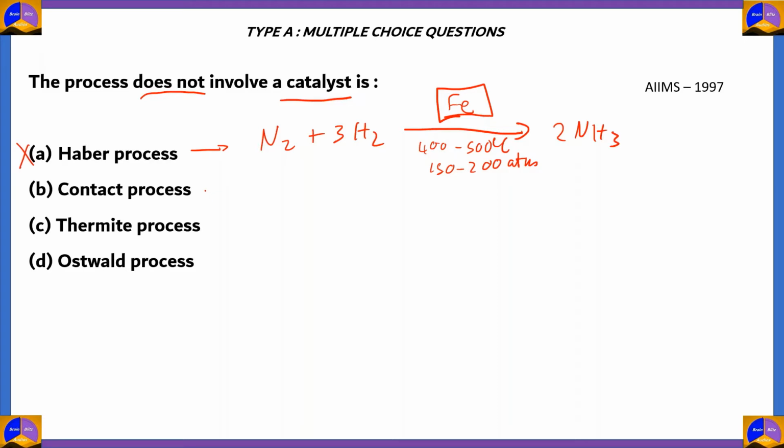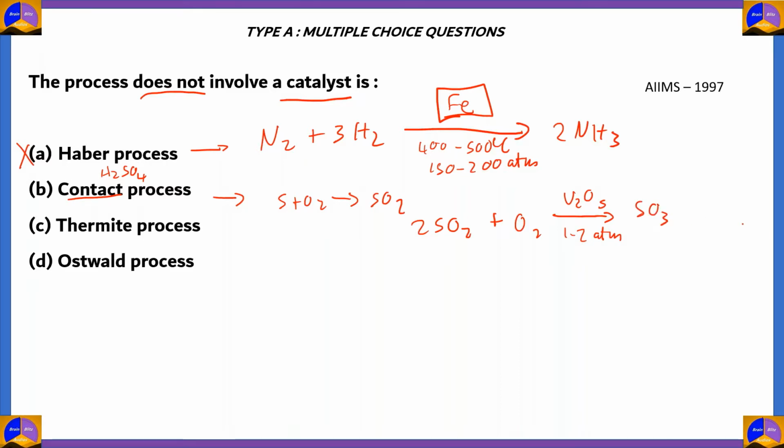What about option B, contact process? Now, contact process is the process by which we produce sulfuric acid. This is basically composed of a varied number of steps. The first step is sulfur plus oxygen gives you sulfur dioxide, and then you have 2 sulfur dioxide plus oxygen in the presence of V2O5 and 1 to 2 atm of pressure, giving you SO3.